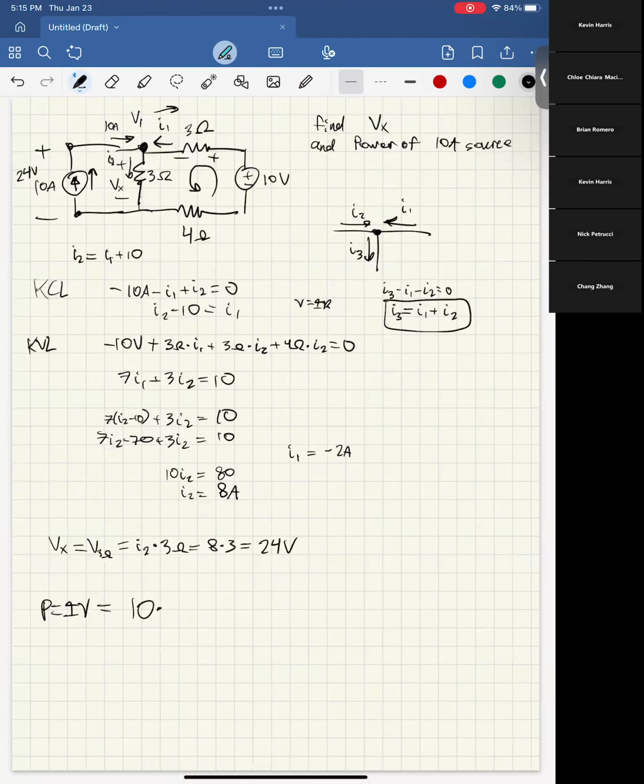So that means this is a negative 24 volts. And that would give us a power of negative 240 watts. Make sure you include units. You'll get a little bit of points off if you don't. And if it's negative 240 watts, that means it's supplying power. You don't have to say that unless it says you have to.